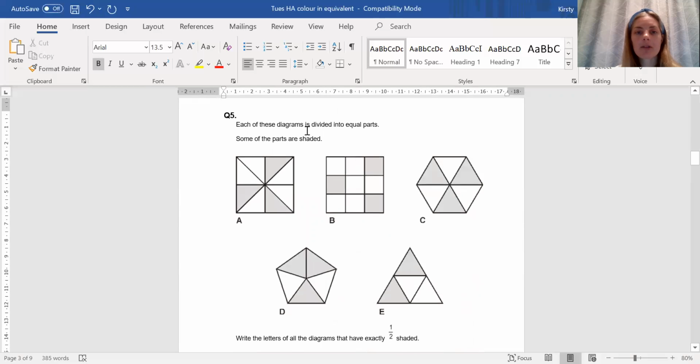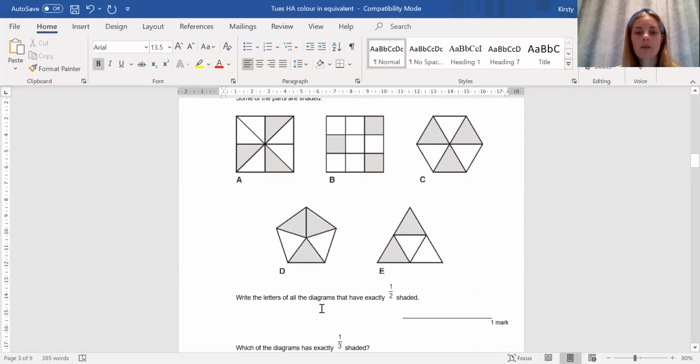Question number 5, each of these diagrams is divided into equal parts. Some of the parts are shaded. Write the letters of all the diagrams that have exactly half shaded. So first of all, go and write all the fractions of these. This would be 3 parts shaded, so that would be my top number. And underneath, my bottom number would be how many there are in total. There are 8, so 3/8.